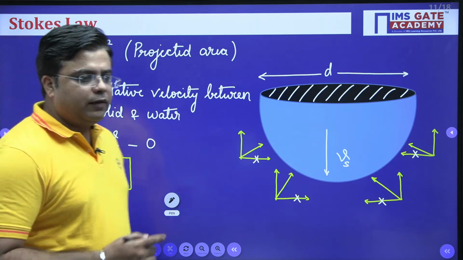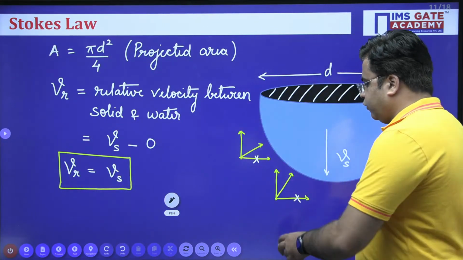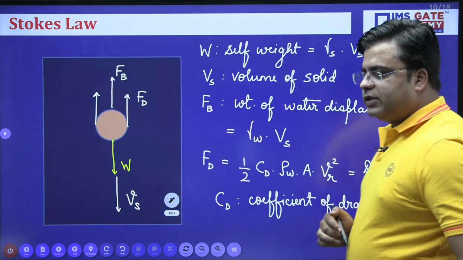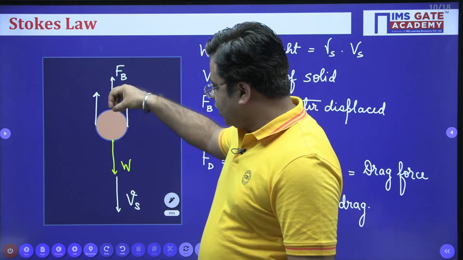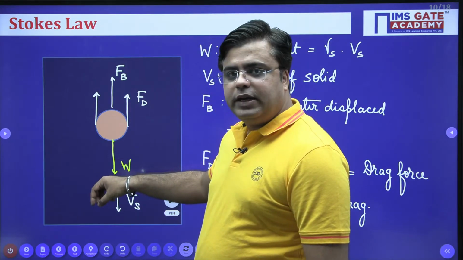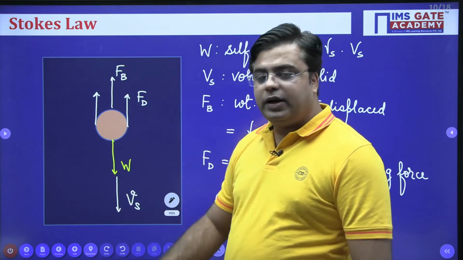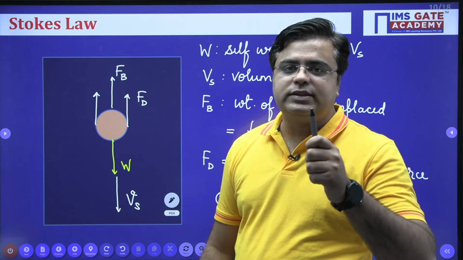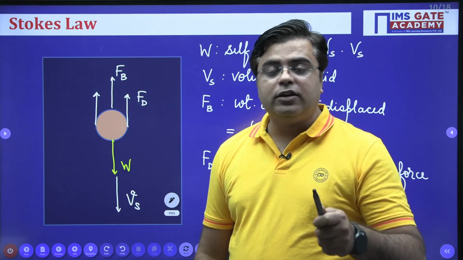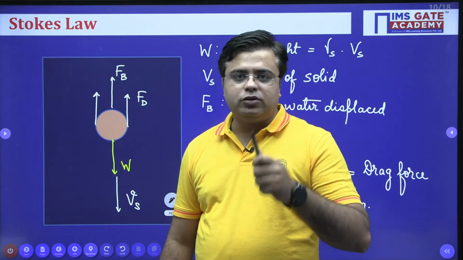So this is how we have defined the drag force Fd. We have defined all the forces. Now comes the physics, and physics is simple. This solid is moving with a constant velocity. It means that the net acceleration of this solid is 0. And if net acceleration is 0, through Newton's second law, the summation of all the forces acting over the solid has to be 0.